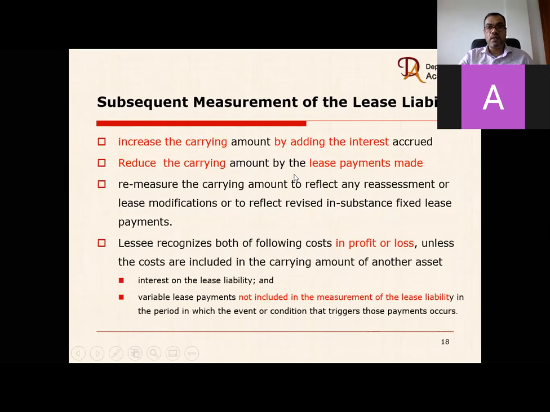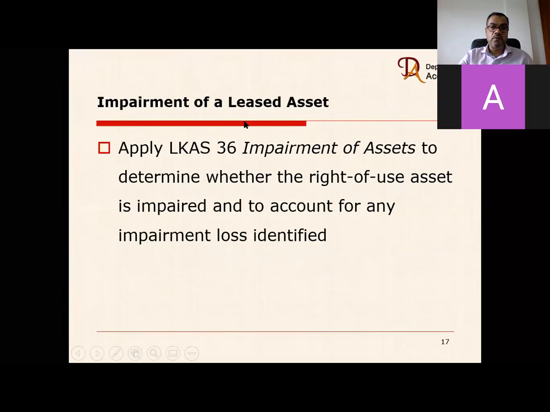So this is what I already explained. Subsequent measurement: what happens when there are changes, the value of the asset should be adjusted accordingly. In case of interest accrued with respect to liability, the previous one we talked about the lease asset.